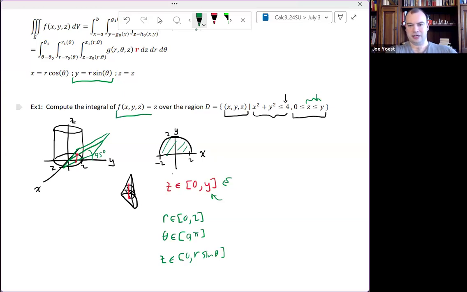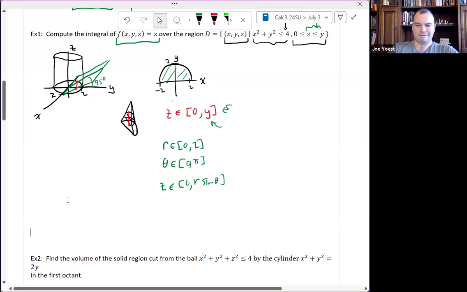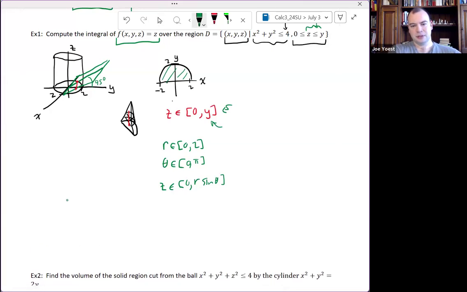Now keep in mind, I'm integrating a function over this region, f of x, y, z equals z. And z is one of our variables of interest, r, theta, and z. So we'll just leave that alone. So my integral then is going to be the integral theta equals 0 to pi.